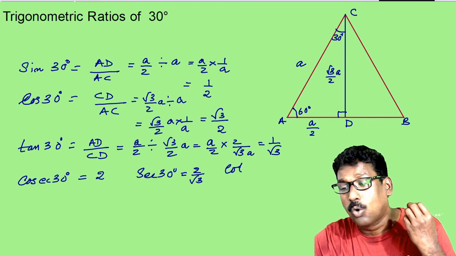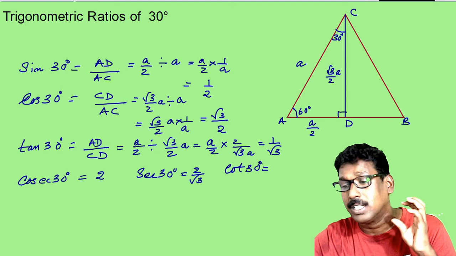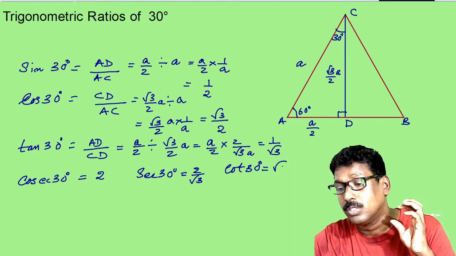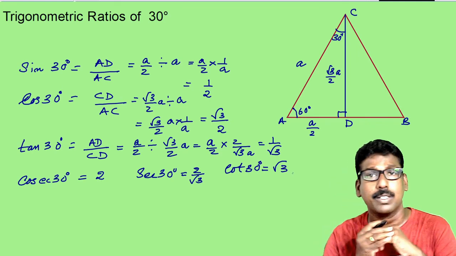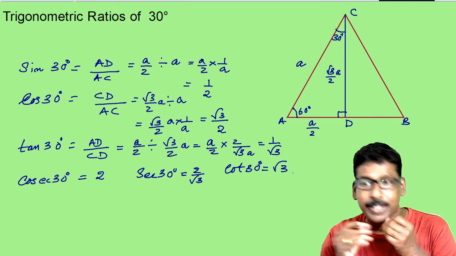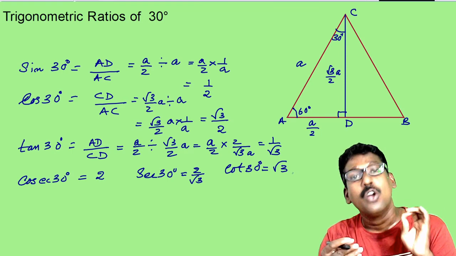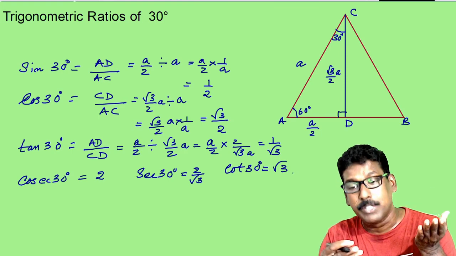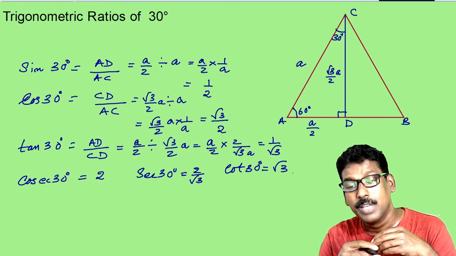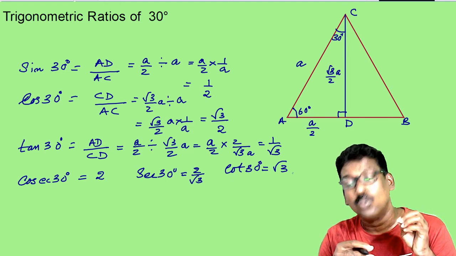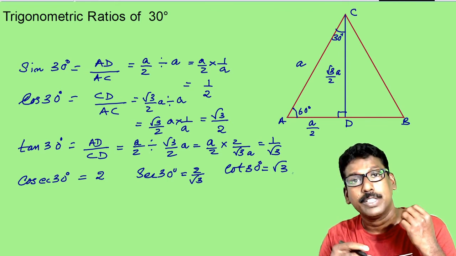Next it is cot 30, which is the reciprocal of tan 30, the reciprocal of 1 by root 3, which is equal to root 3. So you got sin 30 as 1 by 2, cos 30 as root 3 by 2 and tan 30 as 1 by root 3. And cosec 30 is 2, sec 30 is 2 by root 3 and cot 30 is root 3.